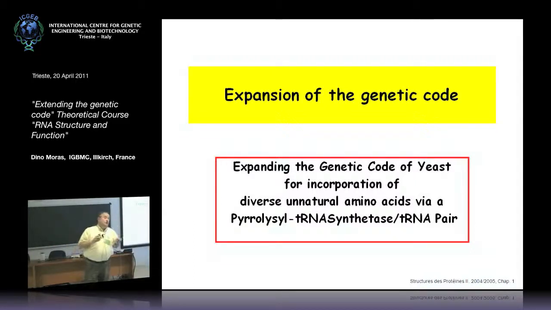But that turns out to be a very difficult task, though they had some successes. If you look, there are lots of papers, not only by Peter Schultz, but by theoreticians who calculate. In our lab we tried to switch from aspartyl tRNA synthetase to asparagine, which are very close.